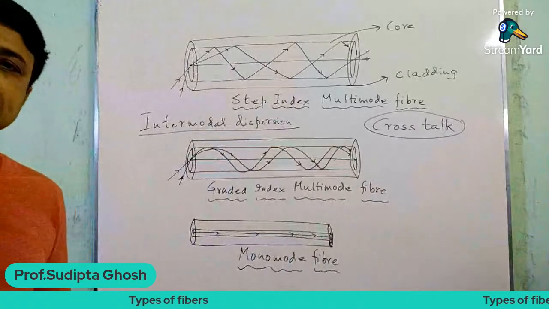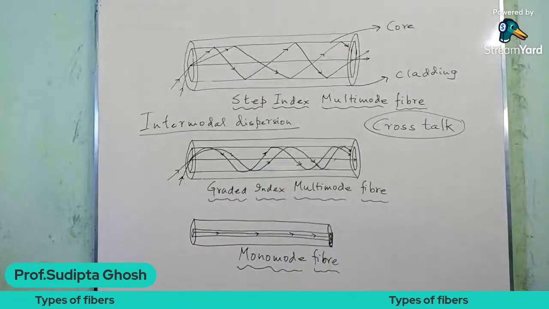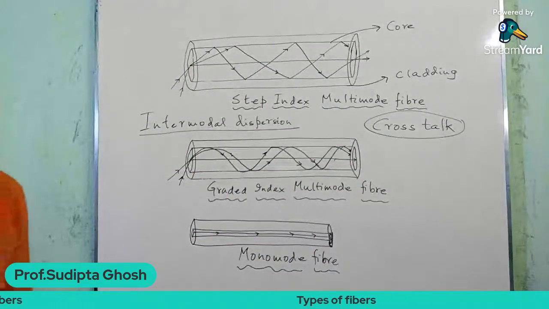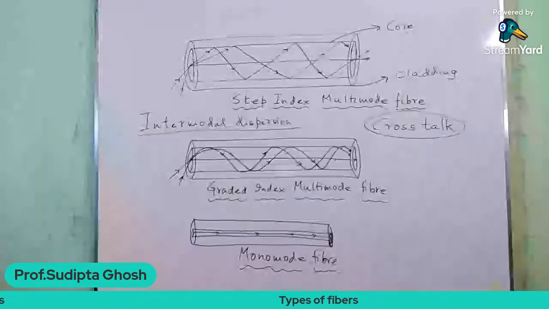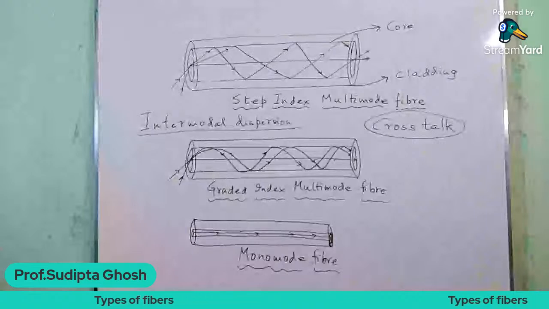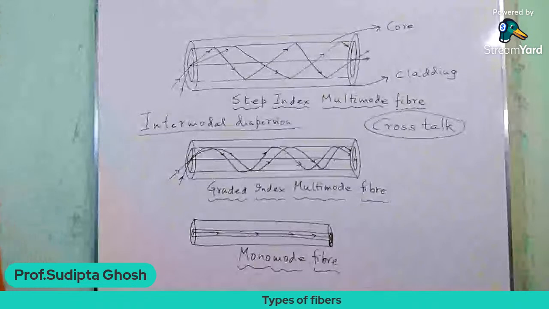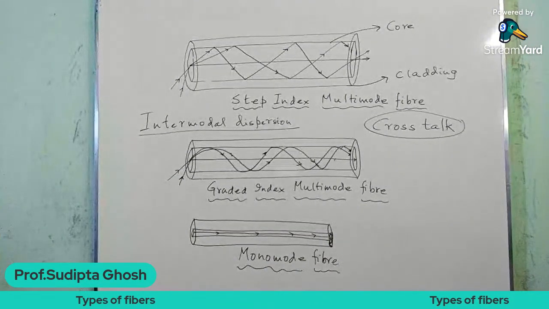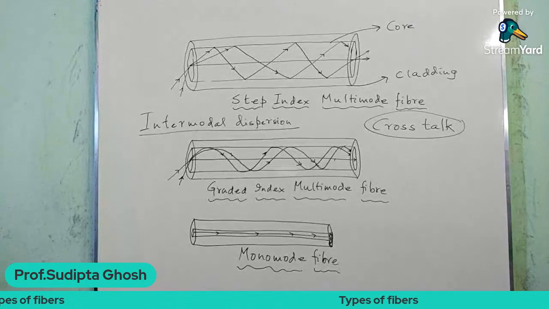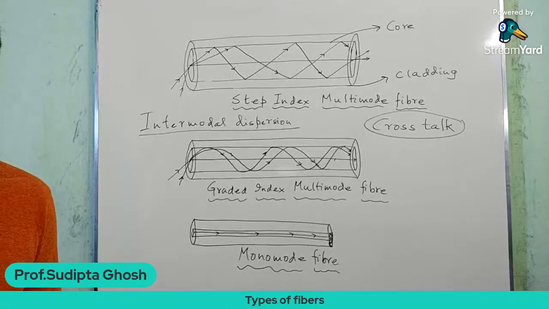Let us consider that we have a number of uncladded fibers. Uncladded means where the cladding is absent. So we have some uncladded fibers and they are packed to form a bundle, and now light can leak from one fiber to another, and this is known as crosstalk.